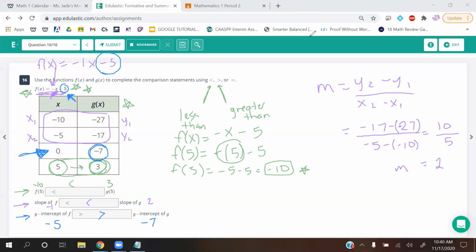So if I'm plugging in 5, then our x gets replaced by 5. The negative has to still be there. This negative is not like the x value. This negative is part of the equation, so it still needs to be here.